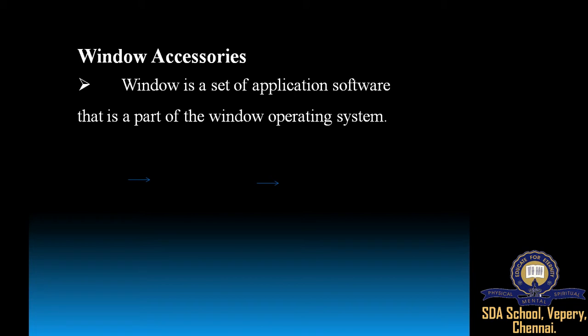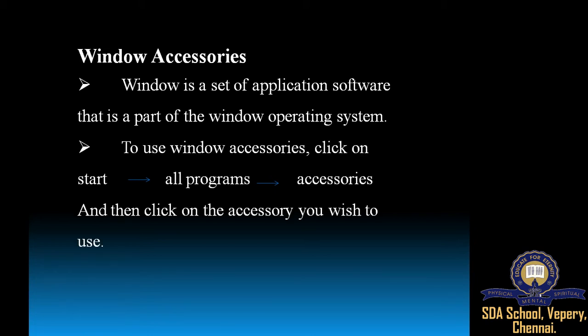Application software means programs like Paint, WordPad, Notepad, Calculator, etc. Windows accessories contain a group of application software, and they are also a part of the Windows operating system.